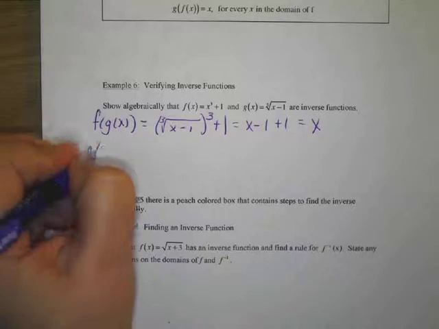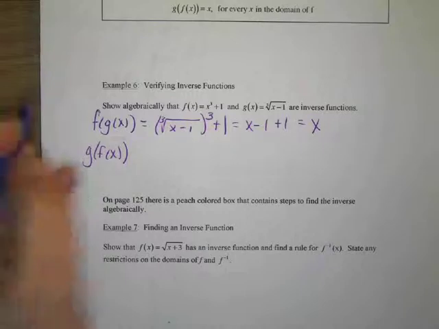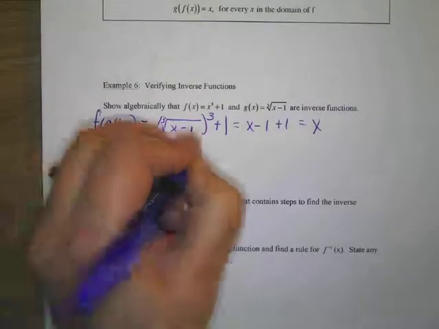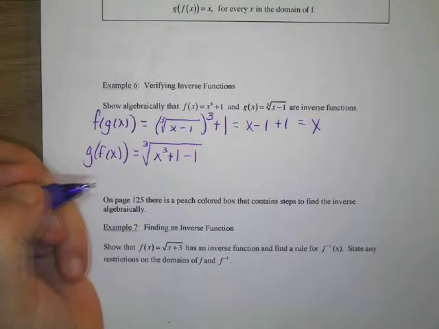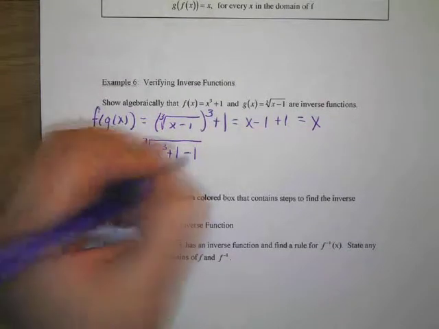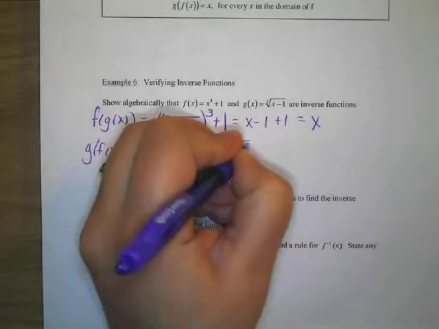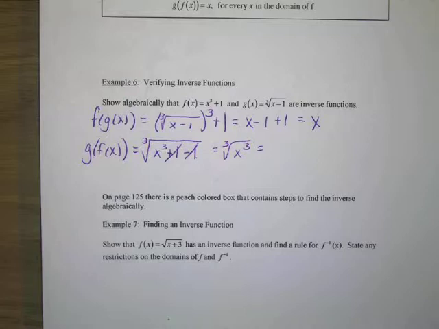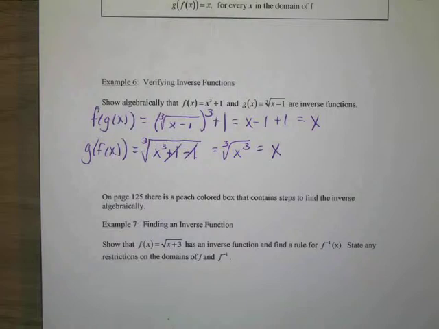And then we have g of f of x. So then you got to do this composition as well. So what happens with the ones? Cancel. And so you're left with the cube root of x cubed. So what are you left with? X. So if somebody asks you to show algebraically the two things are inverses, that is what you do. You need to show that they both equal x. Both compositions.